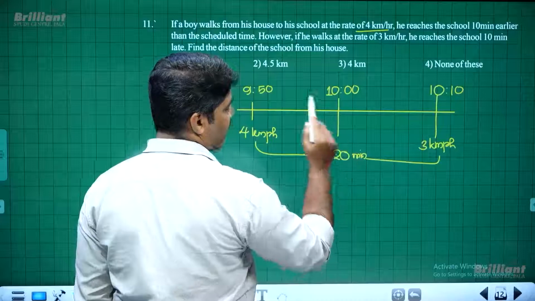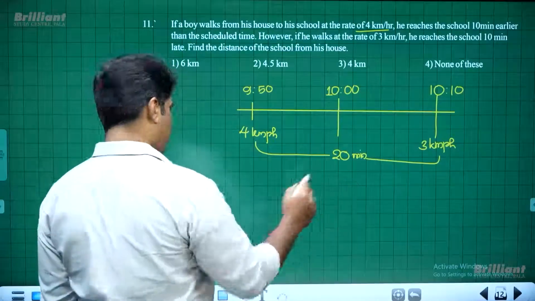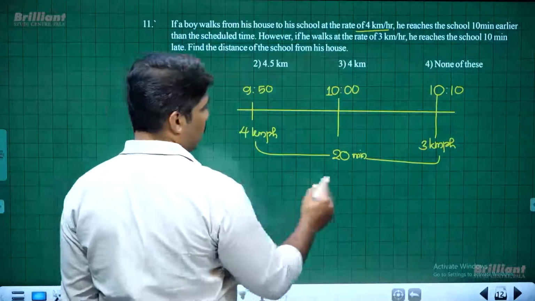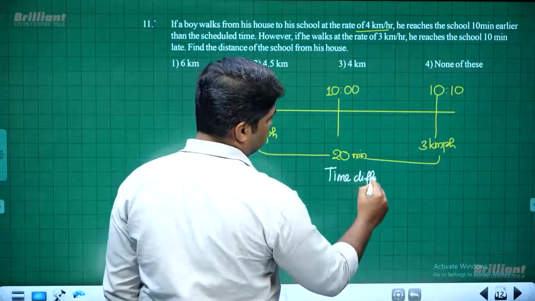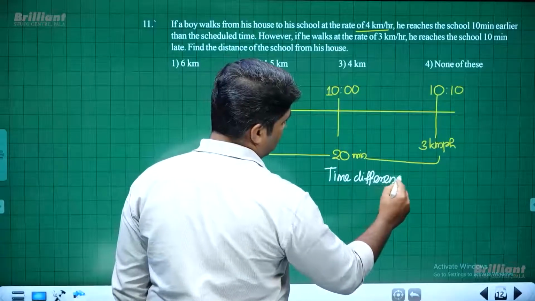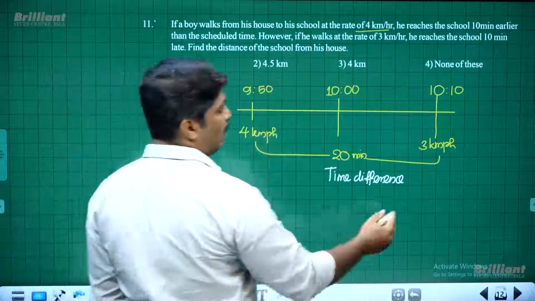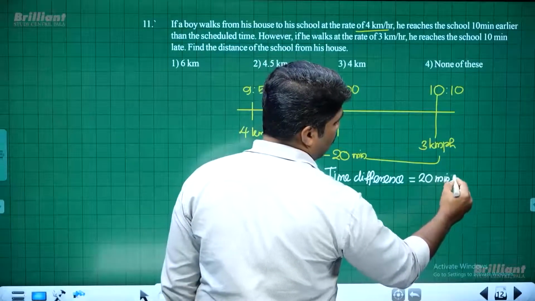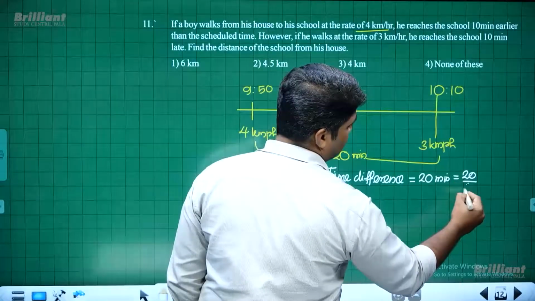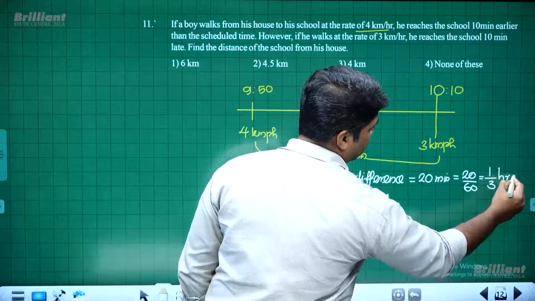That's the total time difference. If you have to express it in hours, it is 20 by 60, that is 1 by 3 hours.